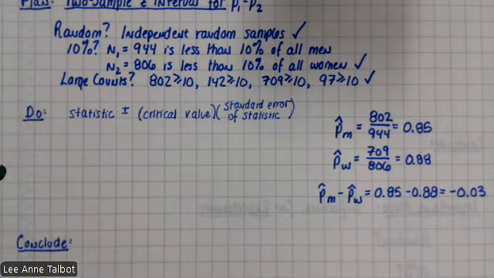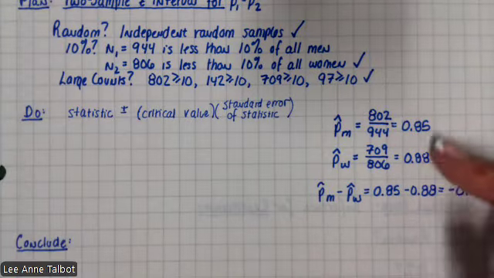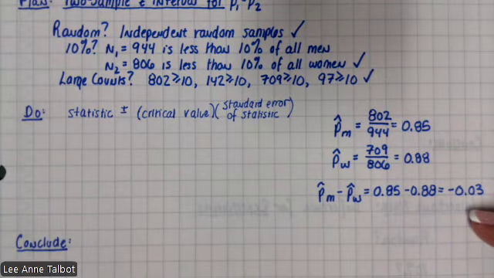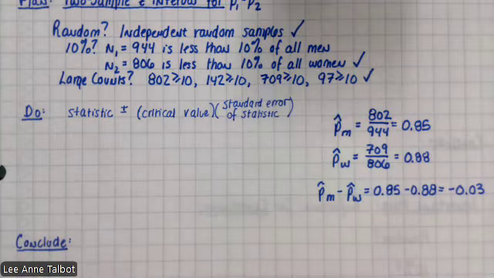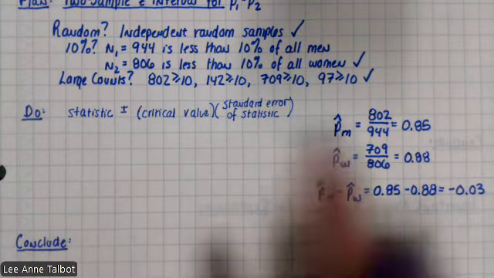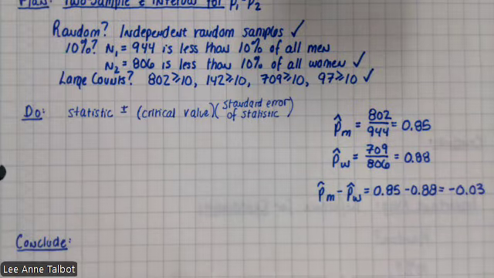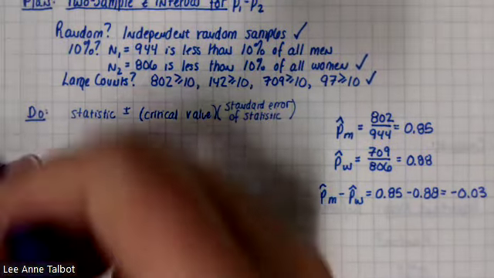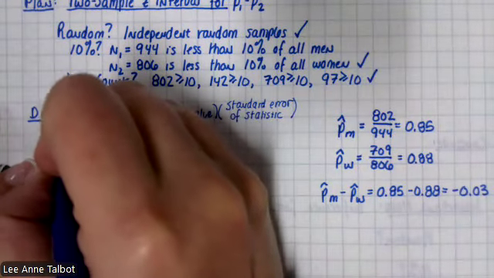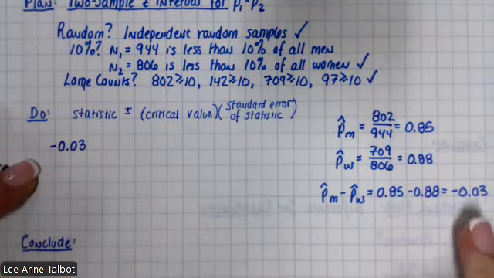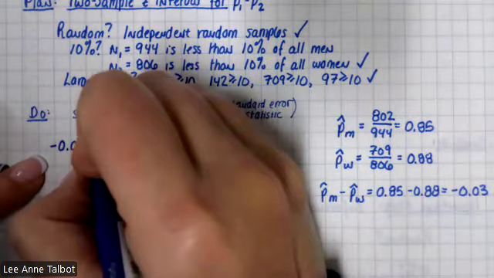Okay. Does anybody know why I might want to find these numbers separately instead of just going straight here? Because I'm lazy and I have to use them in the standard error formula. So I want to just cheat off of the work I did over here first. Okay. All right. So statistic is negative 0.03 right there, plus or minus. Okay.